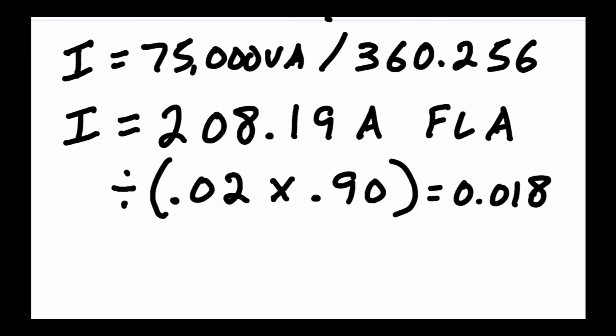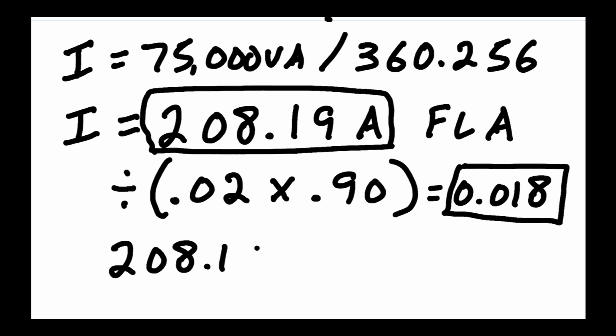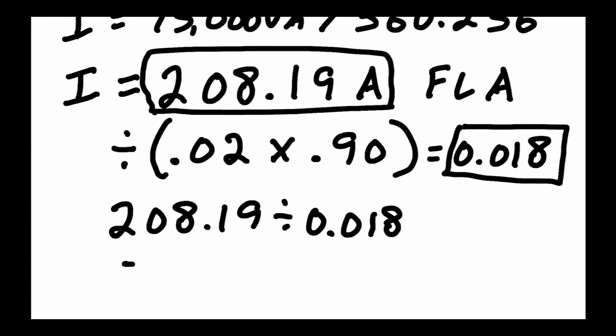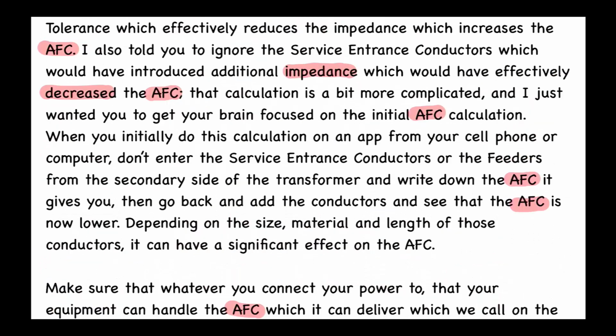So now, if I take the 208.19 and divide it by this 0.018, and I'll write this down over here, 208.19 divided by 0.018, and I'm going to pull up my calculator, 208.19 divided by 0.018 is equal to 11,566 amps. And that's the same number that we got when we did our formula here.